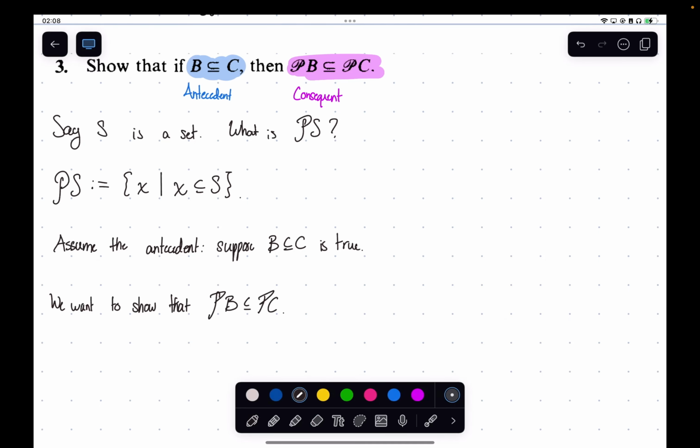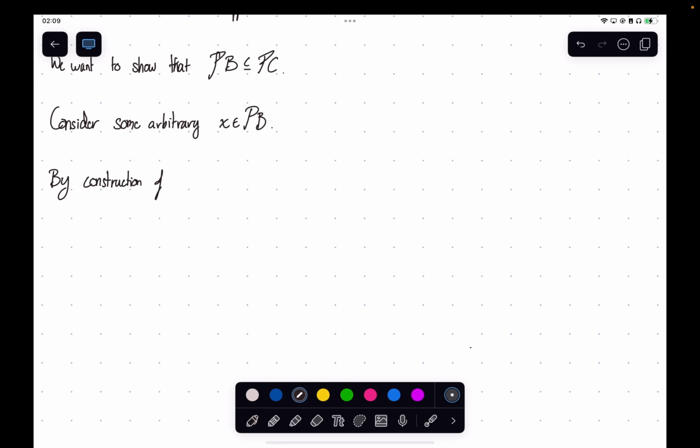We have to show that every element within the power set of B is also an element of the power set of C. So let's consider some arbitrary X in the power set of B. So by construction, we must have that X is a subset of B. So let's write that down. X must be a subset of B.